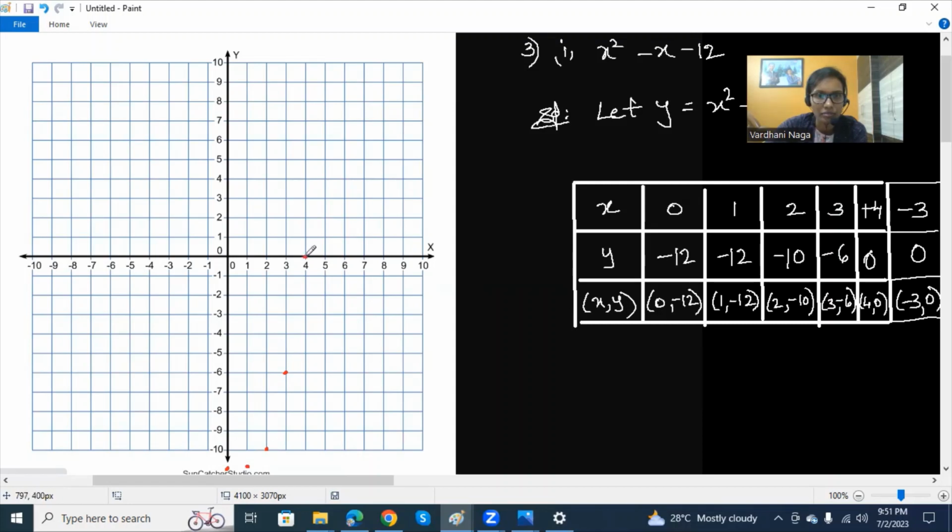And minus 3 comma 0. So minus 3 on the x-axis and 0 on the y-axis. So now you are going to draw the curve. Smooth curve it should be. I'll try to draw.